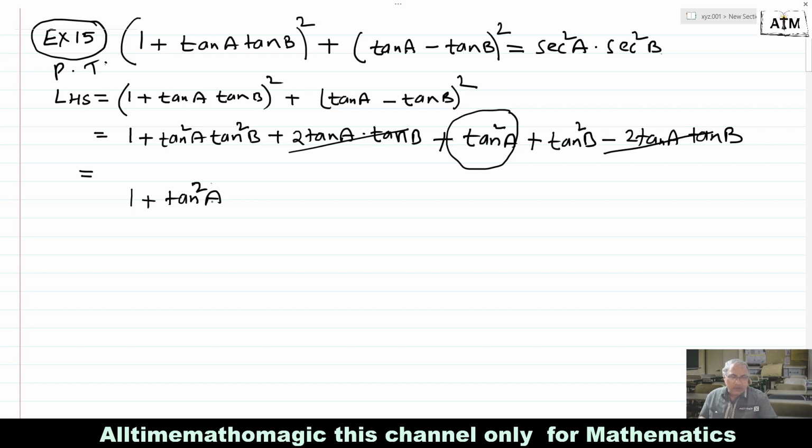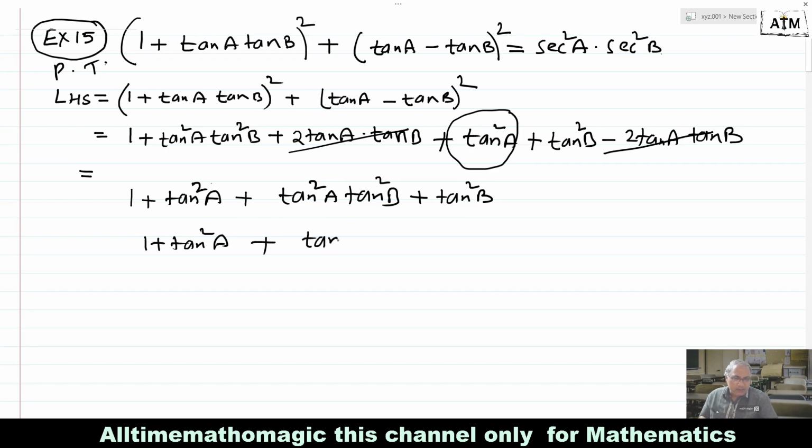Then tan square A tan square B, this part is written here, then plus tan square B. Here 1 plus tan square A as it is, and from here I can take tan square B common.